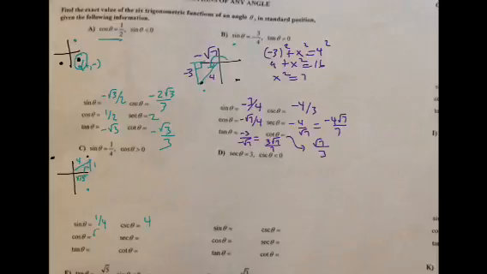Cosine is radical 15 over 4, so then secant is 4 over radical 15, which is 4 radical 15 over 15. Tangent is y over x, so it's 1 over radical 15, which is, when you rationalize, radical 15 over 15. And the reciprocal of that would be radical 15.